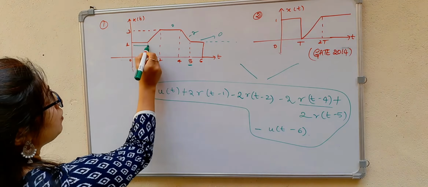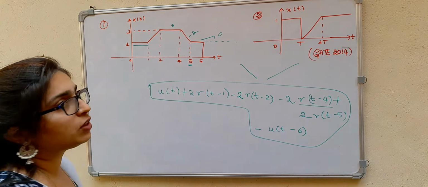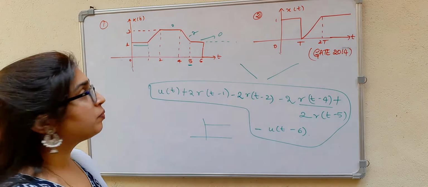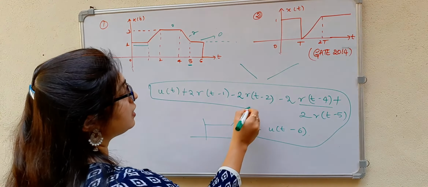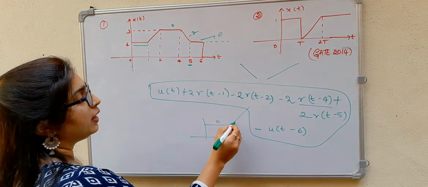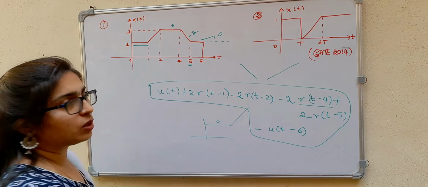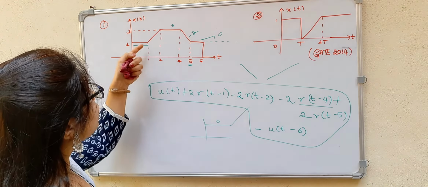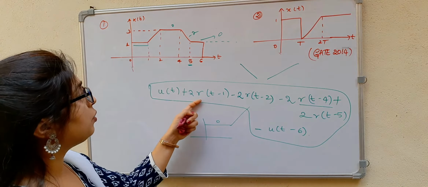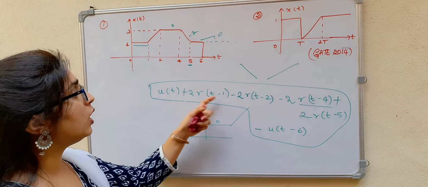So just to recap, when you are starting with a horizontal line, that means you have a unit step function. When you are going to get a sloped line, that means your slope is changing. So see the previous slope, and then you have to see the next slope. This is the slope 2. So to get the slope from u of t, you have to add 2 r of t minus 1.